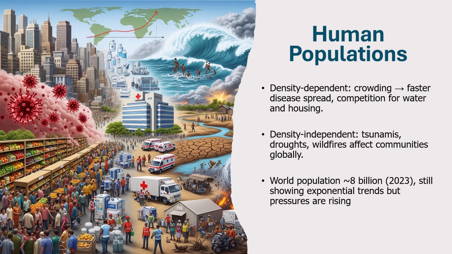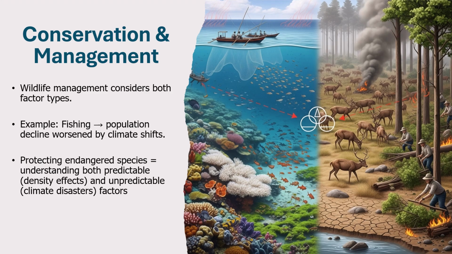What makes humans unique is technology, medicine, infrastructure, and disaster relief offset some limits, though not all. With over 8 billion people in 2023, humans still mostly follow an exponential growth curve, but environmental constraints and climate shocks increasingly highlight the reach of limiting factors.